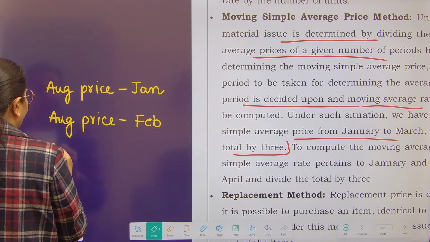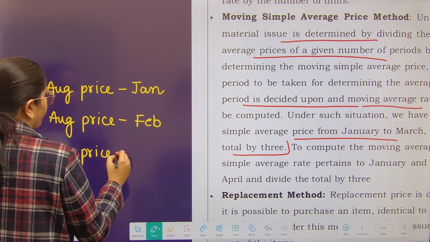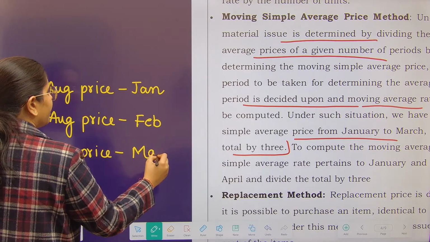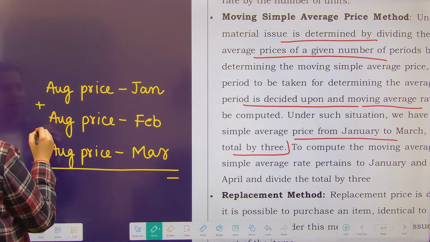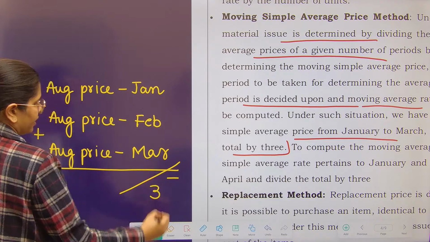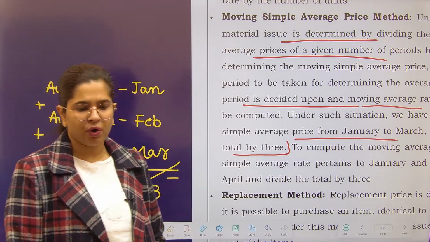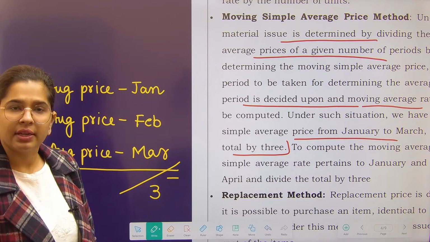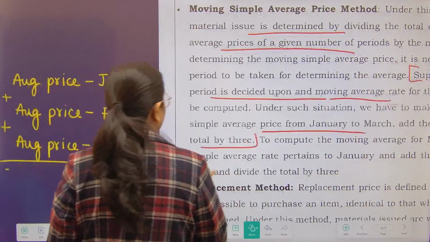February, you have to find out the average price, in the month of March, and then you will add all of these and divide it by 3 because you are calculating the simple moving average for a 3-month period, right? So this is how your moving simple average works.